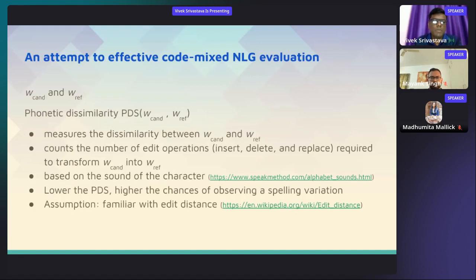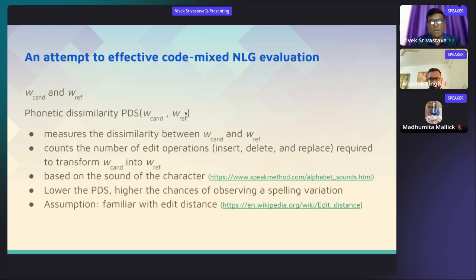Based on that, we compute the phonetic dissimilarity between two words, how similar they are, based on the number of edit operations it will take to change the candidate word to the reference word, right? The idea here is, the lower the PDS, or phonetic dissimilarity score, the higher the chance of observing a spelling variation.